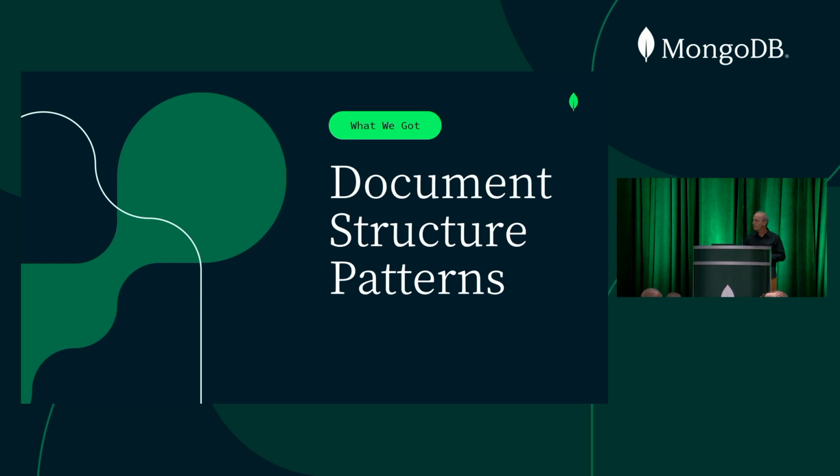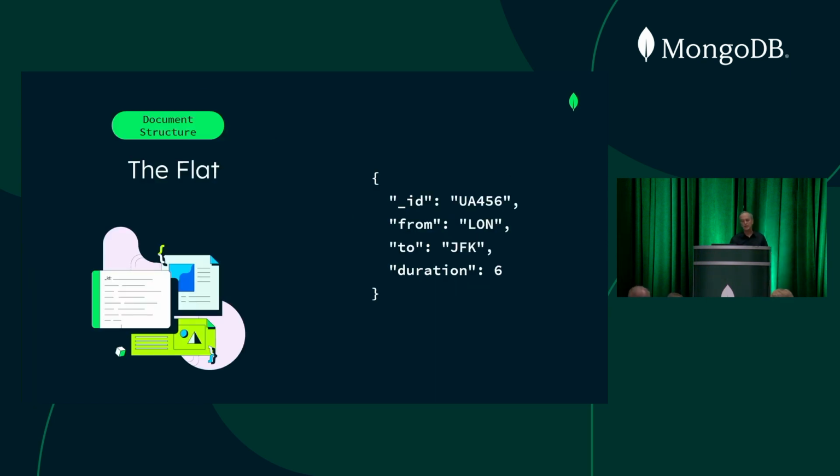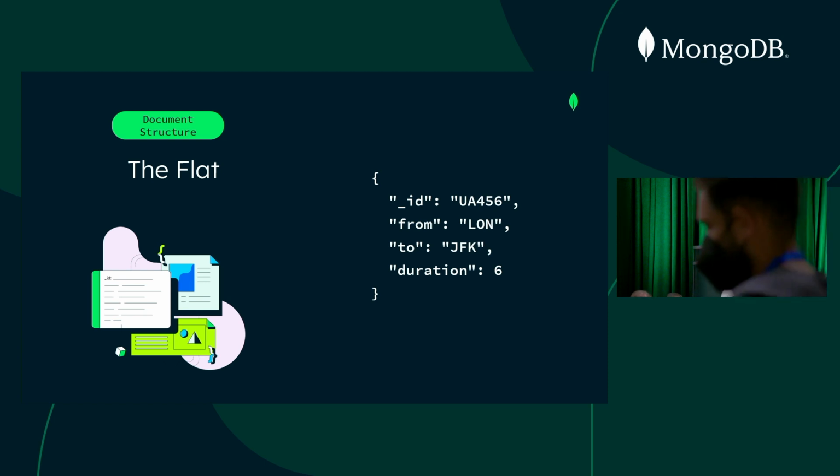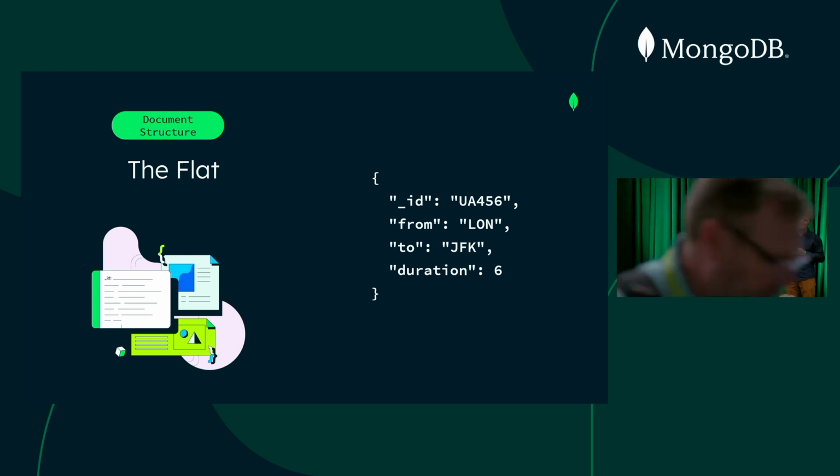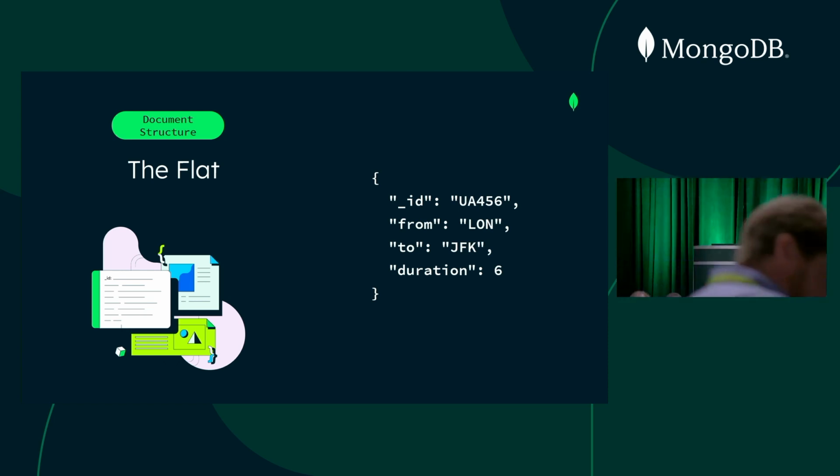Jump right into the document structure patterns. The first pattern is what I call the flat. The flat is characterized by fields in the document that contain scalar values essentially. Why essentially? They could be nested subdocuments. Those are still kind of flat.